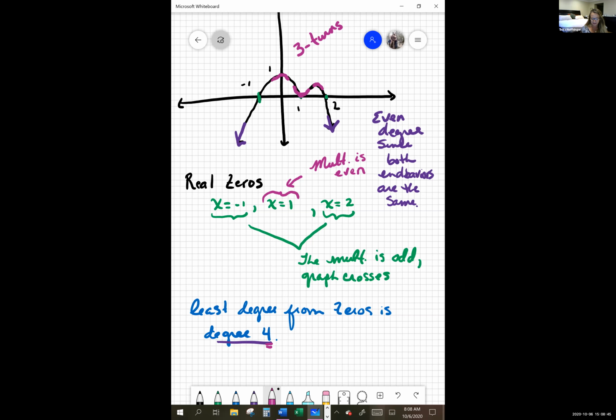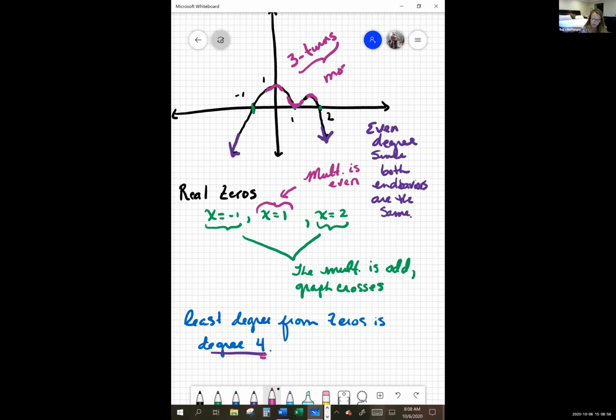So the most turns a degree n polynomial can have is n minus 1 turns.